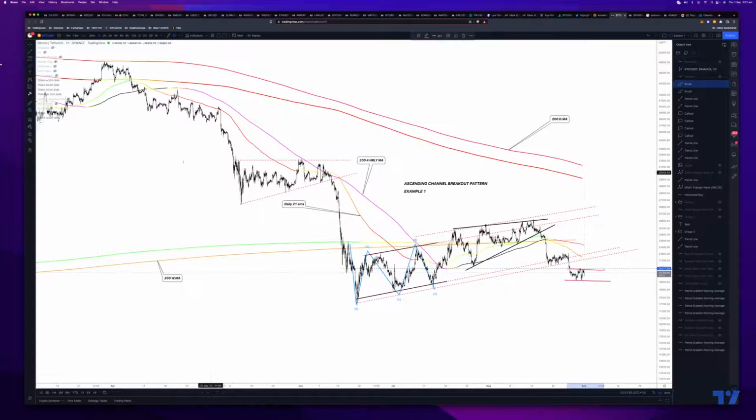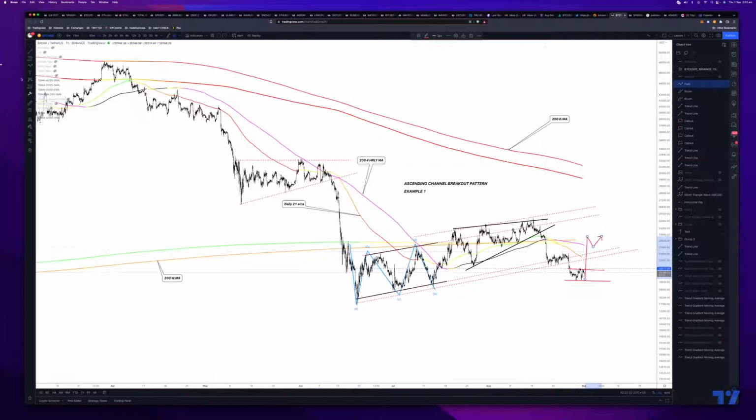To be bullish, really, to tell the truth, we need to close above this and hold it. So if we can hold it, you can see my 21 moving average on the daily and the 200 4-hour moving average. If we can get above it, and we've also got the 200 weekly moving average.